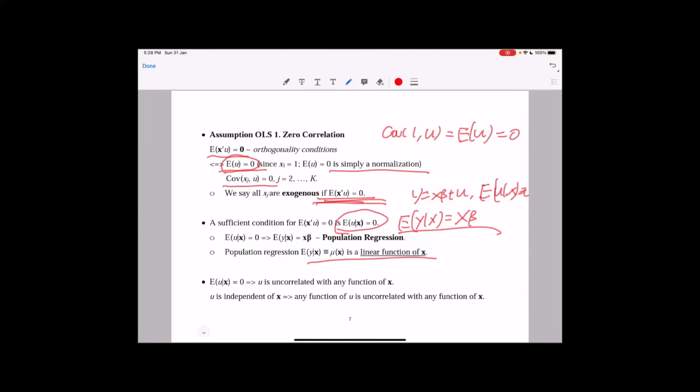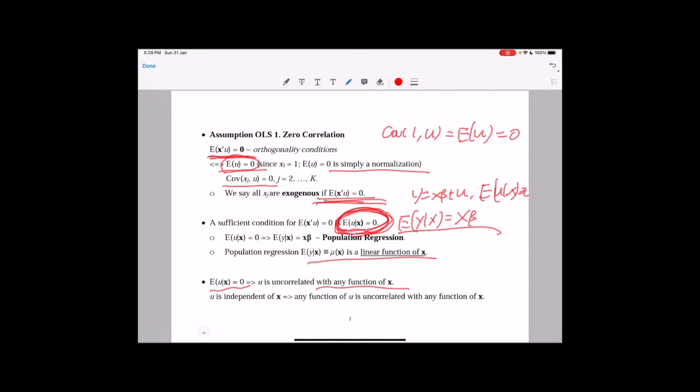More generally, this may not be true. If this condition is not true, then the population regression may be a nonlinear function of x. Also note that this condition is a sufficient condition, so it is stronger than the orthogonality condition. The conditional mean of u given x being 0 means that u is uncorrelated with any function of x.